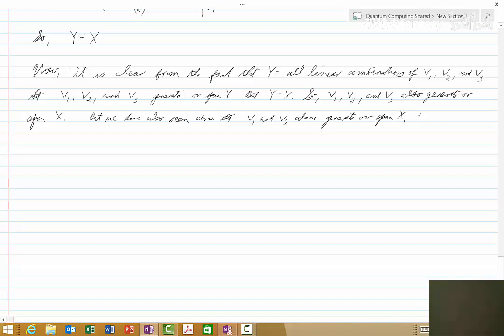That is, the addition of V3 does not change the set generated.